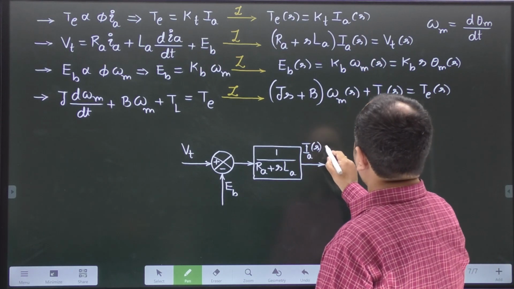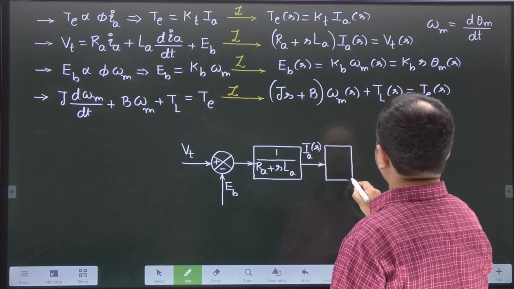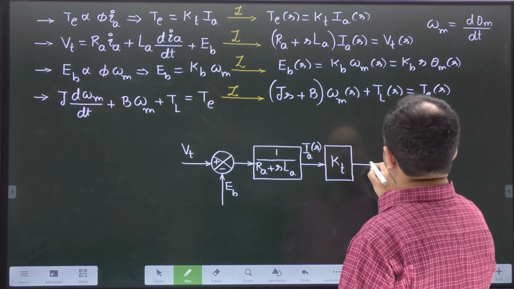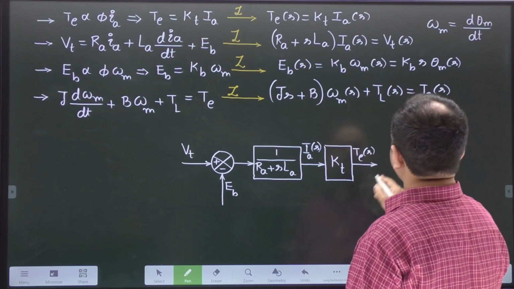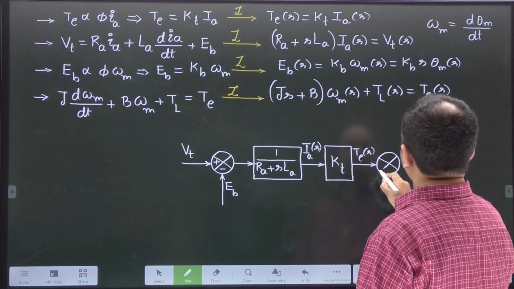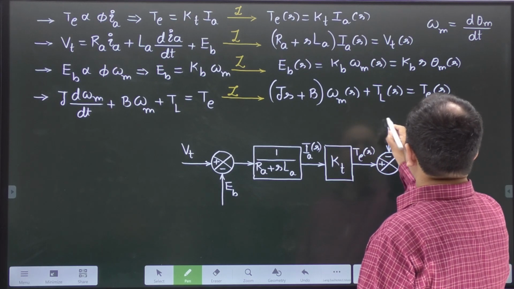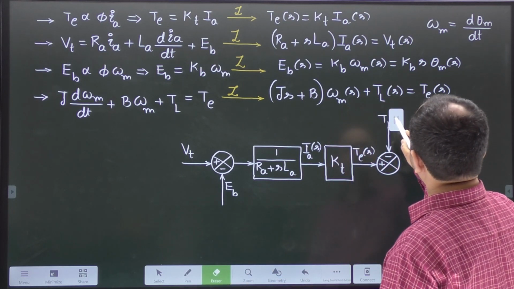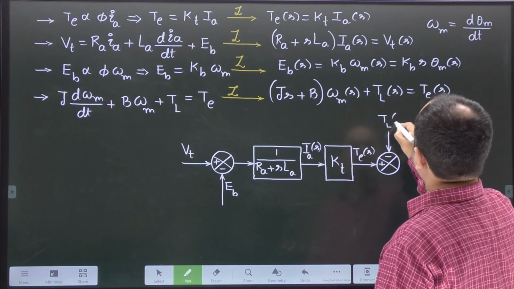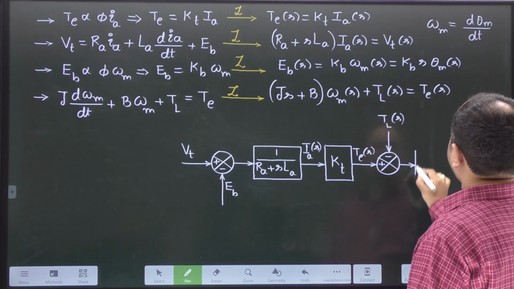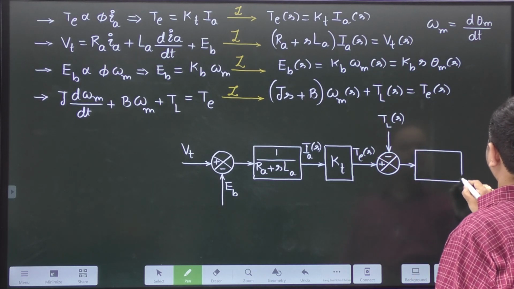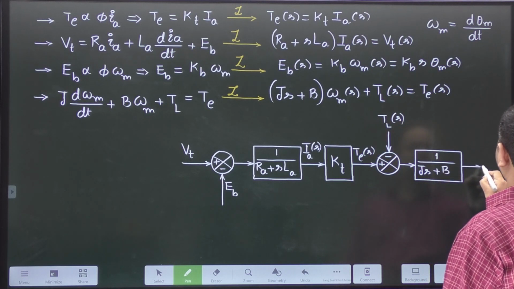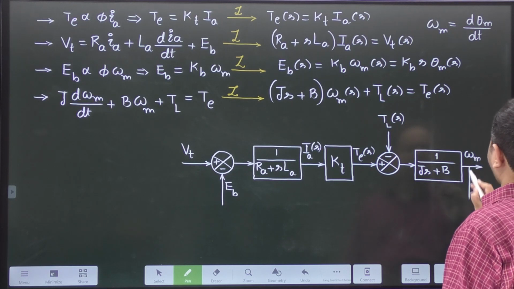The second equation I put here: if you multiply IA of S with KT, then we will get the torque, that is TE of S. Then TE of S minus TL of S, divided by (JS plus B), will give you the speed.